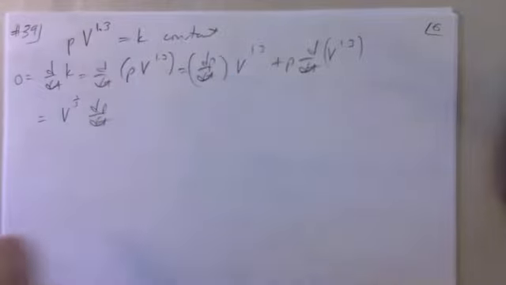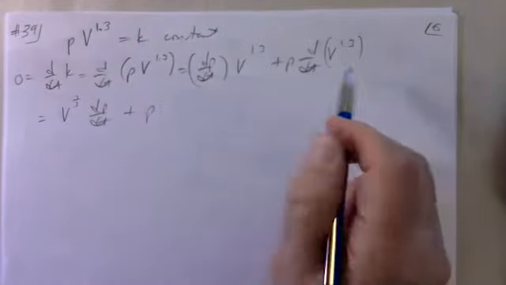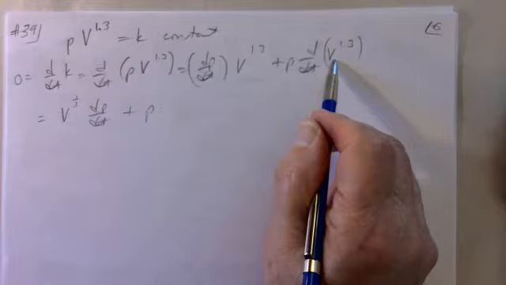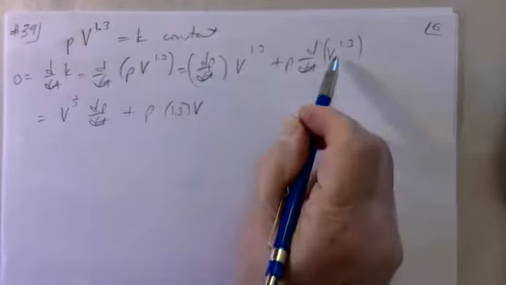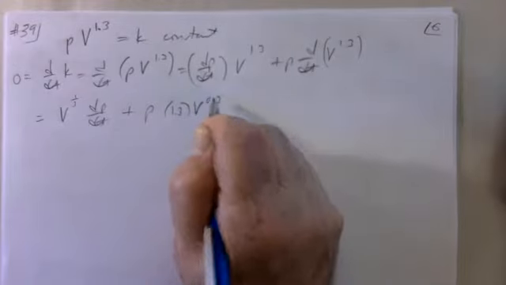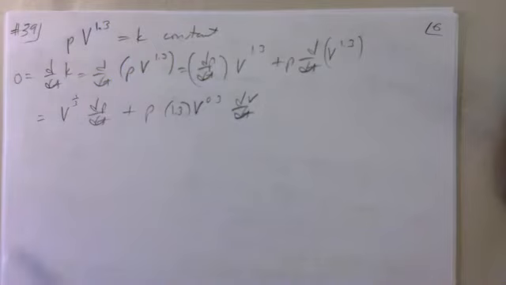So this is 1 V to the 1.3 dP/dt, plus P. And when you differentiate this with respect to t, you get 1.3 V to the minus 1, 0.3 dV/dt. So now we have a relationship between dP/dt and dV/dt.